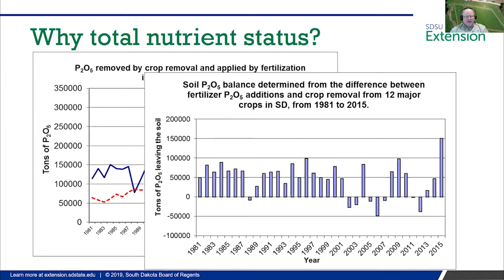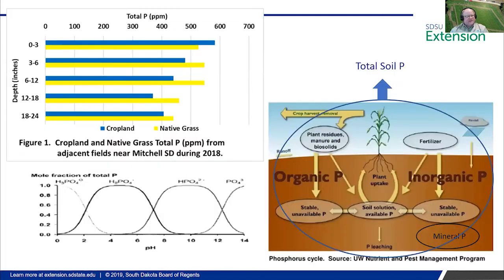So what we found is if we look at our total phosphorus measurements here in the 0 to 3, 3 to 6, there's those depths that we measured. We found that the native grass had higher total phosphorus at all depths except that 0 to 3. And the cropland was slightly higher in that 0 to 3 depth, and that reflects our fertilizer applications that we do in a timely every year, annually in most cases.